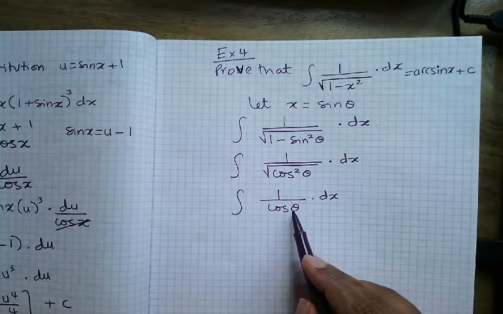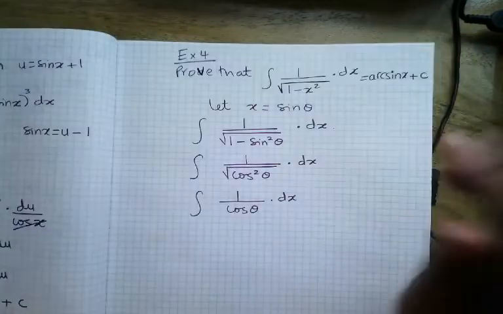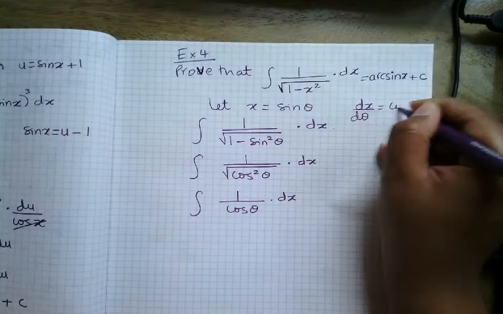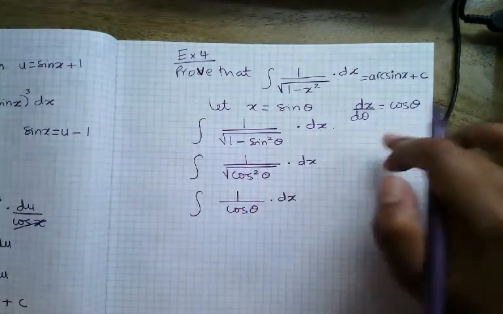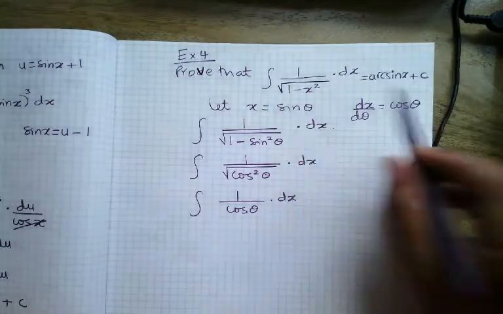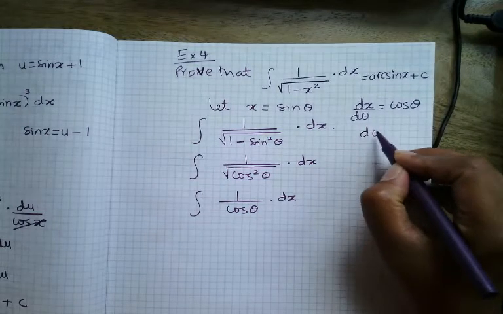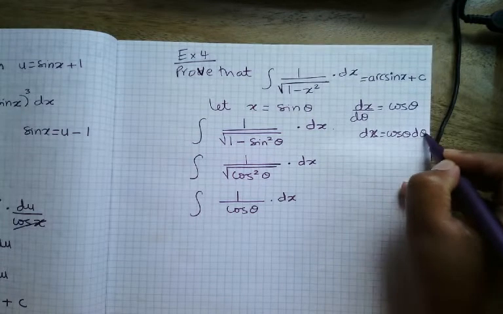Now I've got theta here and I've got x here, so I've got to work out what dx by d theta is here. So dx by d theta is cos theta, okay, so now you can see what's going to happen. So this was a good substitution for us to choose. Next, dx is equal to cos theta d theta.